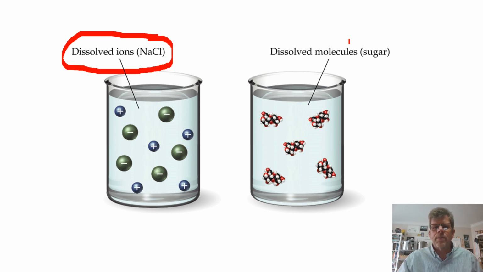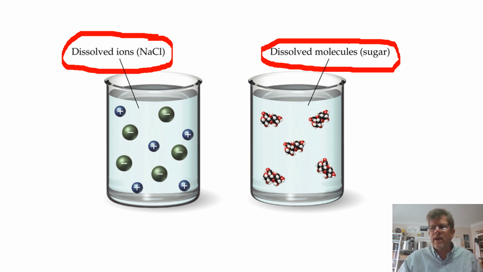An example of this would be sucrose, or rather table sugar, which is a covalent compound made up of carbon, hydrogen, and oxygen, all non-metals, and this can dissolve into water as well, because the forces in that molecule are very much like water.